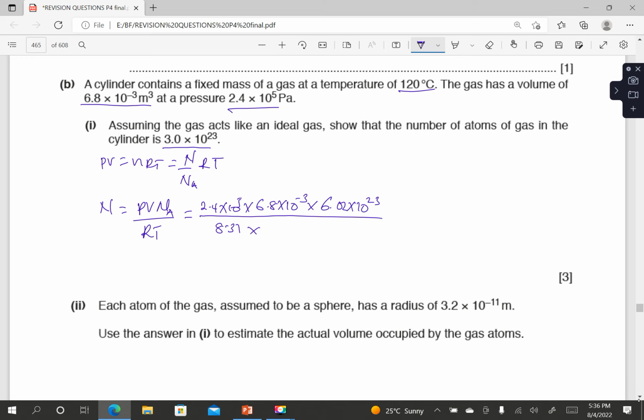Temperature. What is the temperature of the gas? 120 plus 273. That is 393 Kelvin. I'm pressing my calculator.